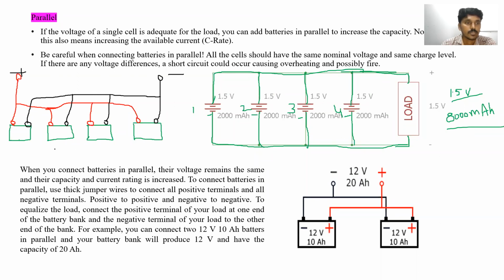So for example, this is a 6 volts battery, 6 volts battery, 6 volts battery, and the capacity of this first battery is 10 Ah. Capacity of the second battery is 10 Ah. Capacity of the third battery is 10 Ah.